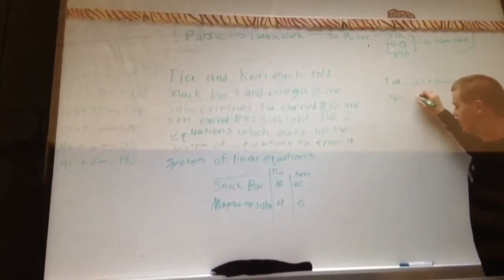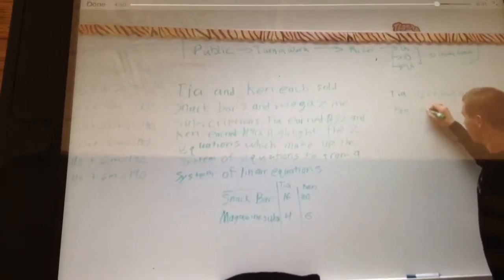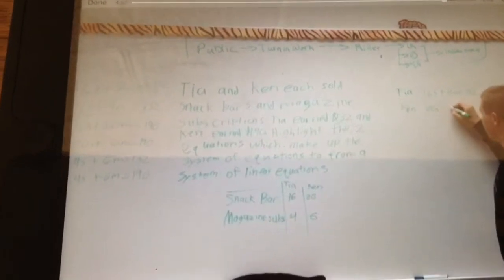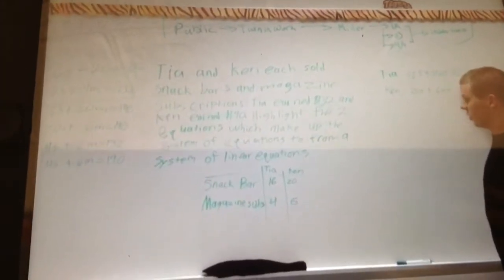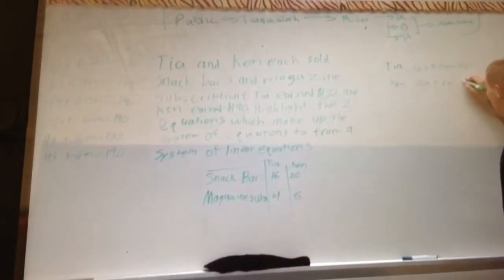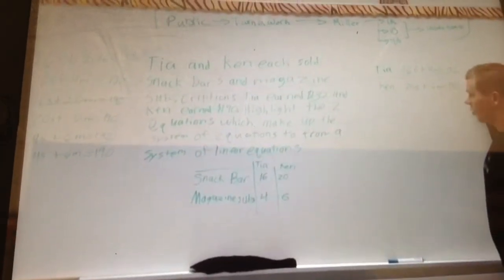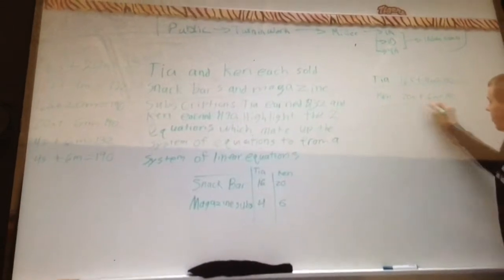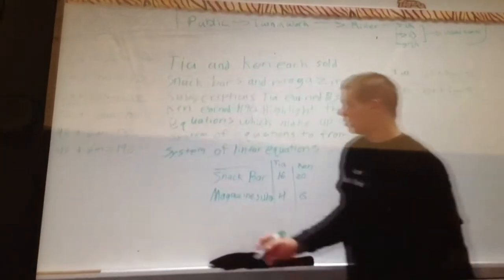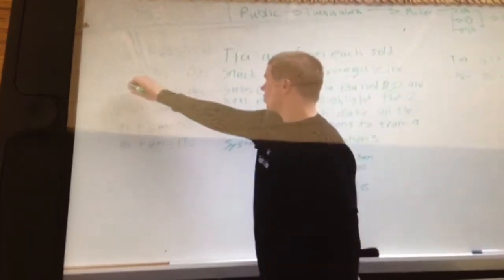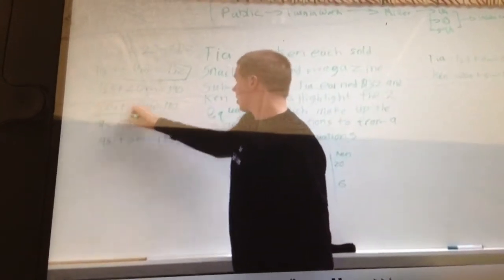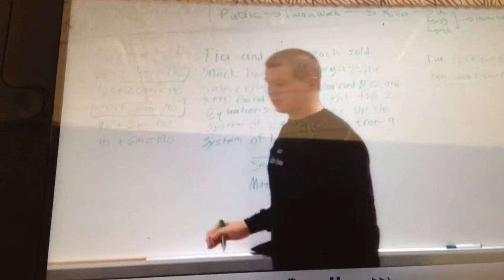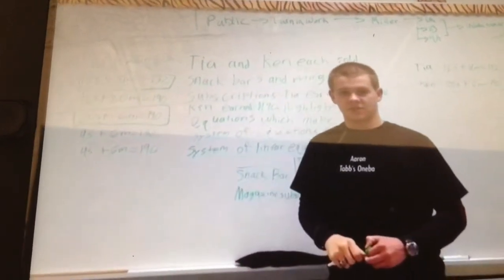Ken sold 20 snack bars and 6 magazines for a total of 190. So, as you can see from these, Tia would have, or this equation would be correct, and this equation would be correct for your answer.